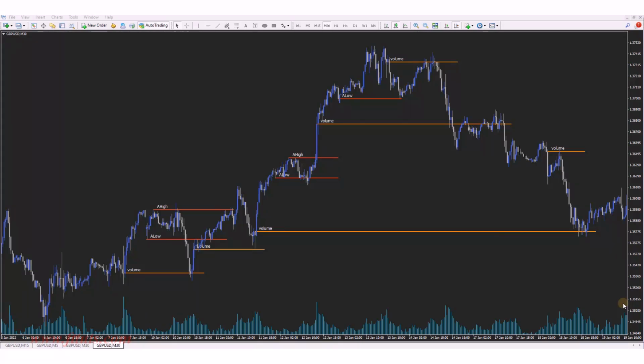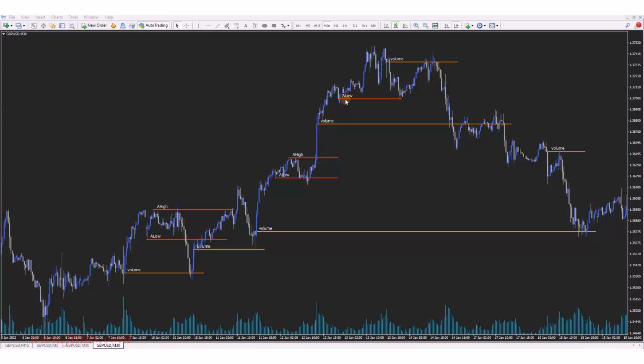So I would say that the opening of Frankfurt is the maximum time where I want to see the high or low from the Asian session. So I use here also the week as the highest point where the price came.